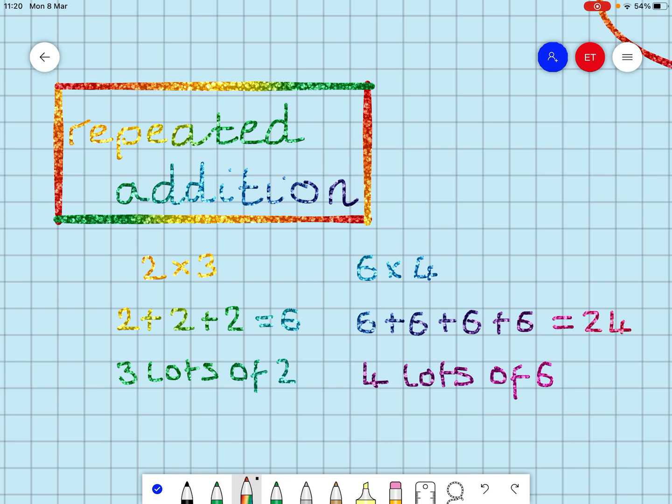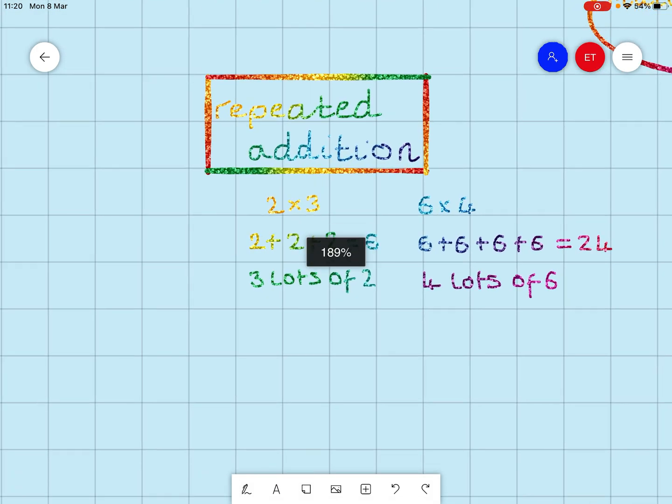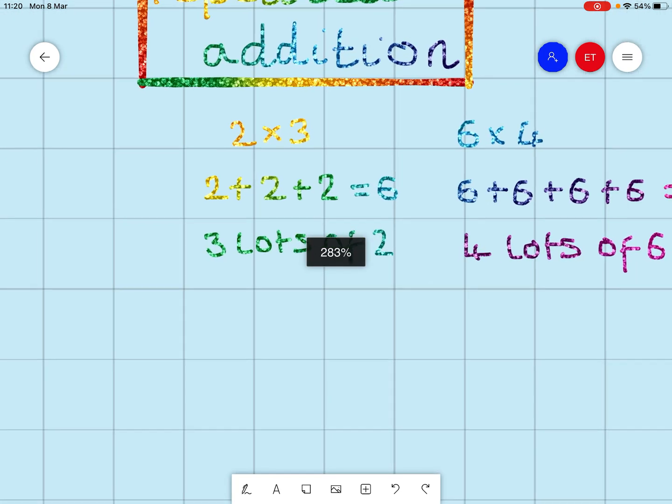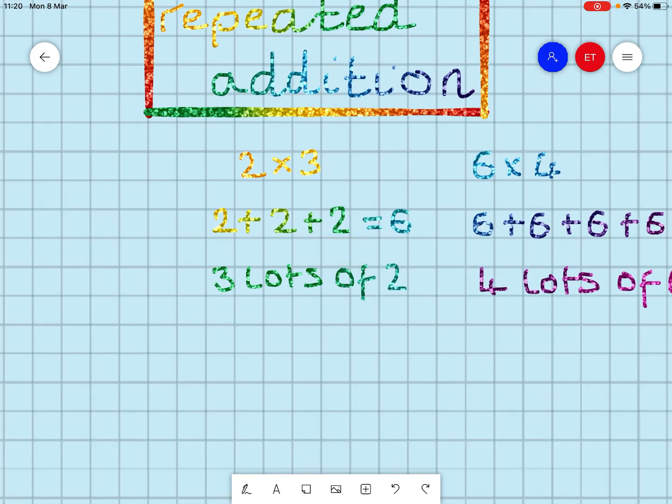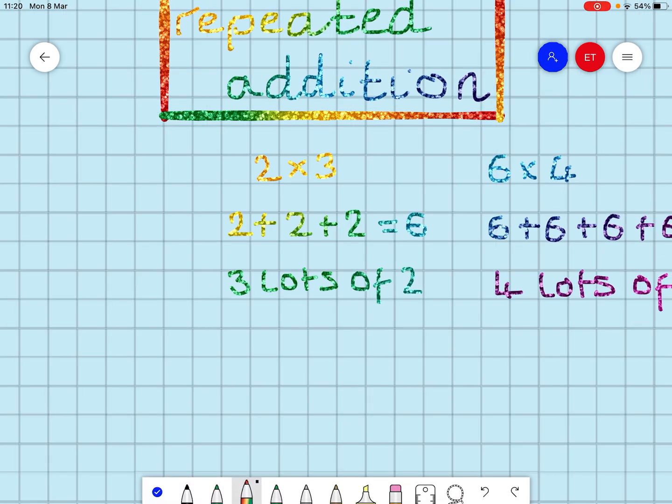24. Now, a really useful way to use this, if you know some of your times tables, is to use your times tables and then repeated addition. So let's say, for example, you wanted to know the answer to 7 times 7, okay?